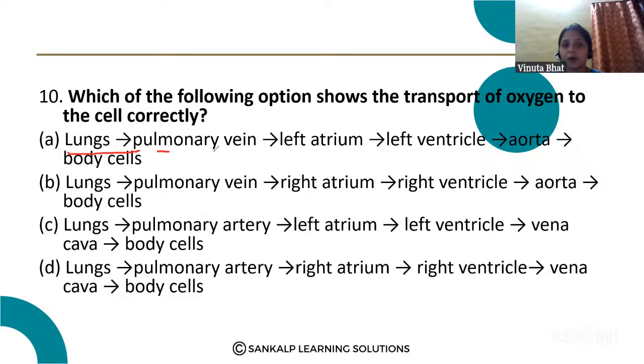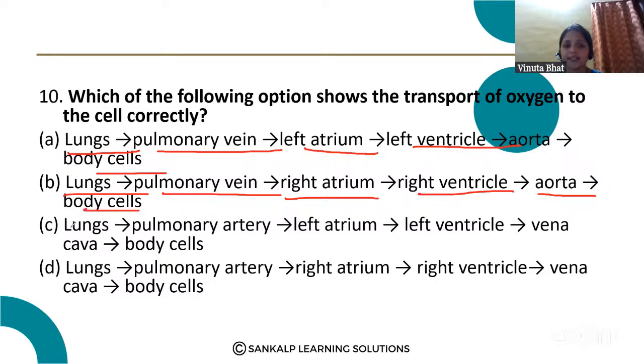Lungs, pulmonary vein, left atrium, left ventricle, aorta, body cells. Lungs, pulmonary veins, right atrium, right ventricle, aorta, body cells. Lungs, pulmonary artery, left atrium, left ventricle, vena cava, body cells. Lungs, pulmonary artery, right atrium, right ventricle, and vena cava, body cells.